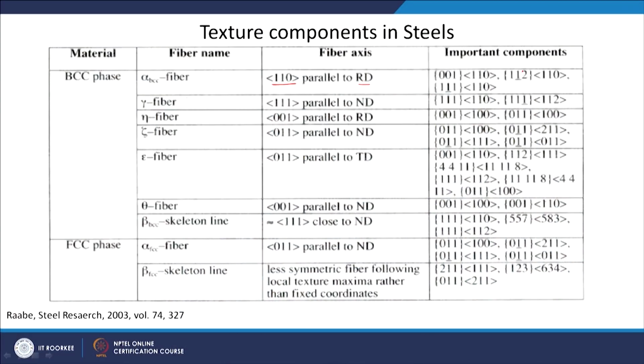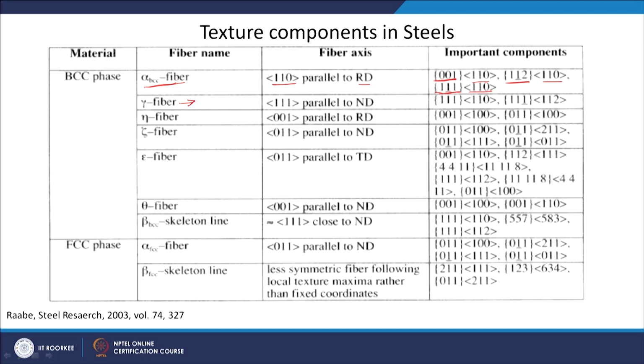For example, the planes written here can be a 001 plane, a 112 plane or a 111 plane. But for all these HKL UVW, the direction will remain the same. If you have this kind of condition, then we call it a 110 fiber, which in the case of BCC material is the alpha fiber.